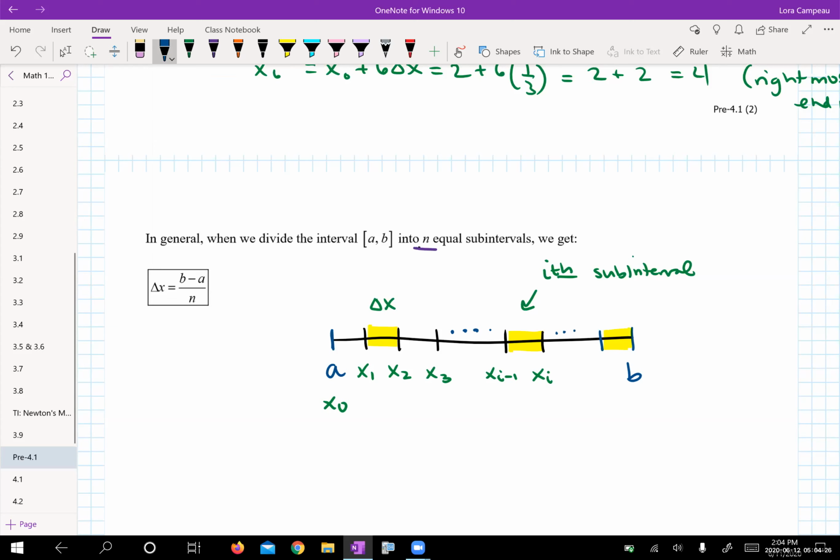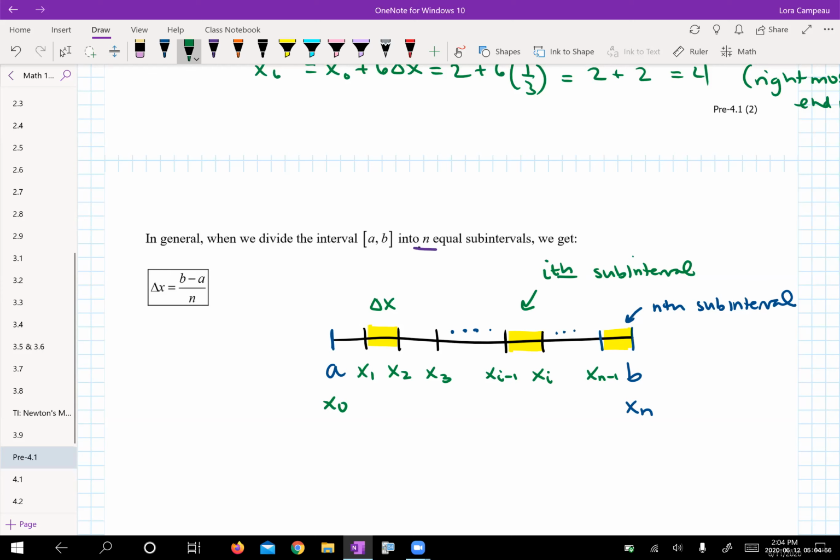We would have b is x sub n. And if we're trying to name the endpoint that's at the beginning of that nth subinterval, then we know that they're 1 apart from each other. So the name of this one would be x sub n minus 1. So you play around.